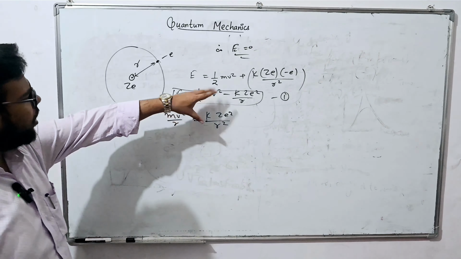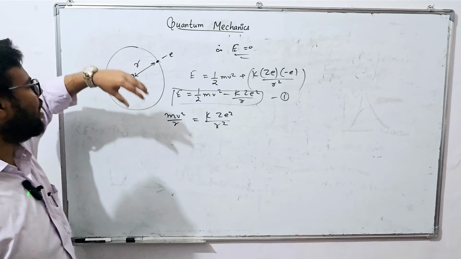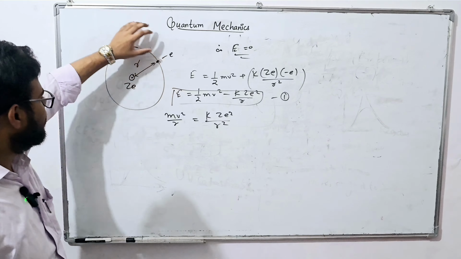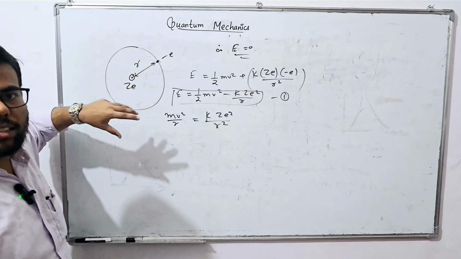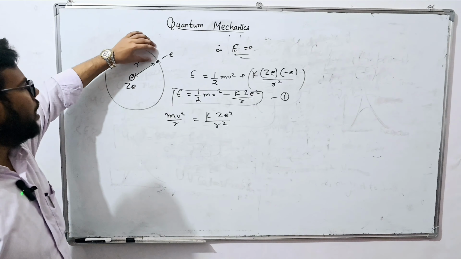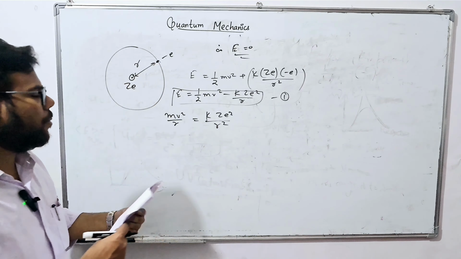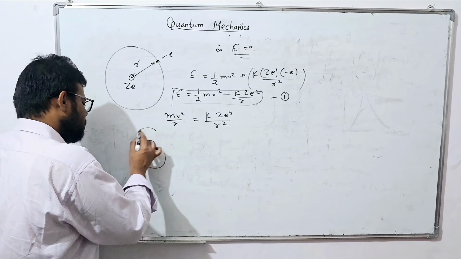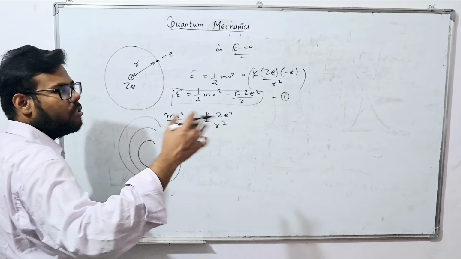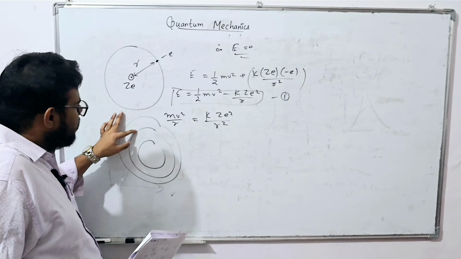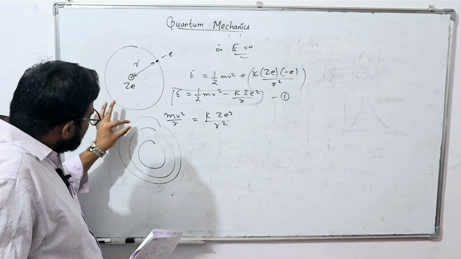But what are we even calculating? Bohr stated that there are orbits in which the electrons are present, and except those orbits, the electrons can't be present in between them. For example, this is your first orbit, this is your second orbit, this is your third orbit, and so on and so forth. Between them, the electron will not be present. It will be present only in the orbits, right?